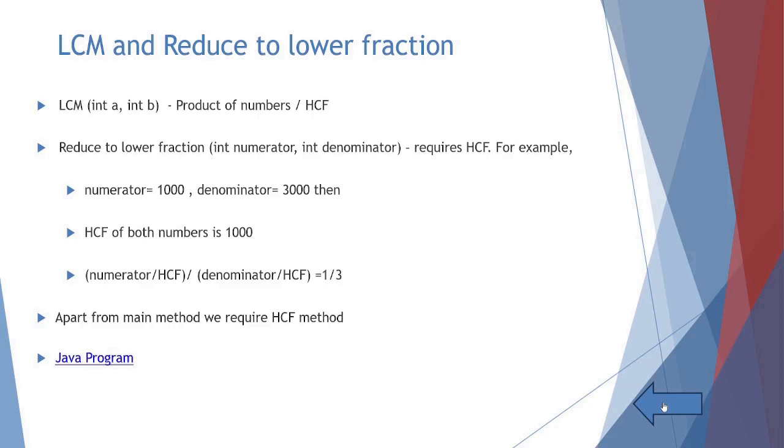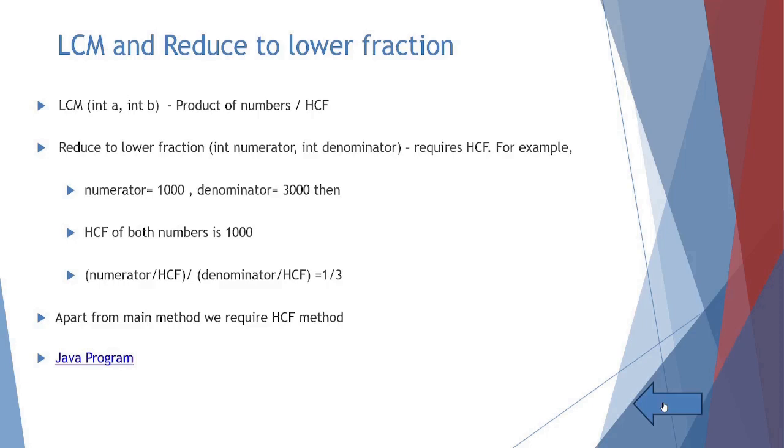Now, reduce to a lower fraction. Numerator and denominator we read. This also requires HCF. How? Numerator is, let's assume, 1000. Denominator 3000. The HCF, that is the highest common factor of both the numbers, is 1000.